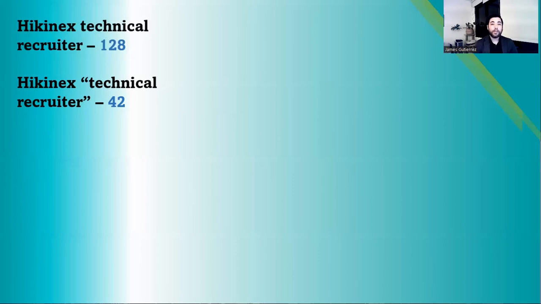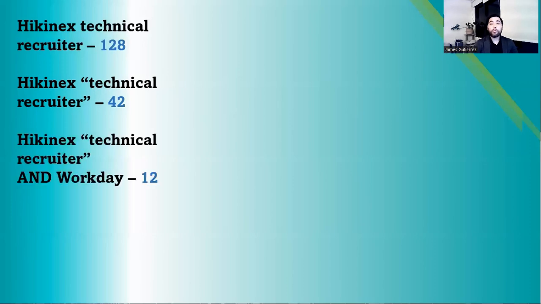Now, if we wanted to hone in a little bit more, we can add to this. Let's say we want someone who has experience using Workday. So if we use the operator "and" Workday, we go from 42 results down to 12, because now there are more criteria that need to be met in order for someone to show up in our search result. Let's further refine.